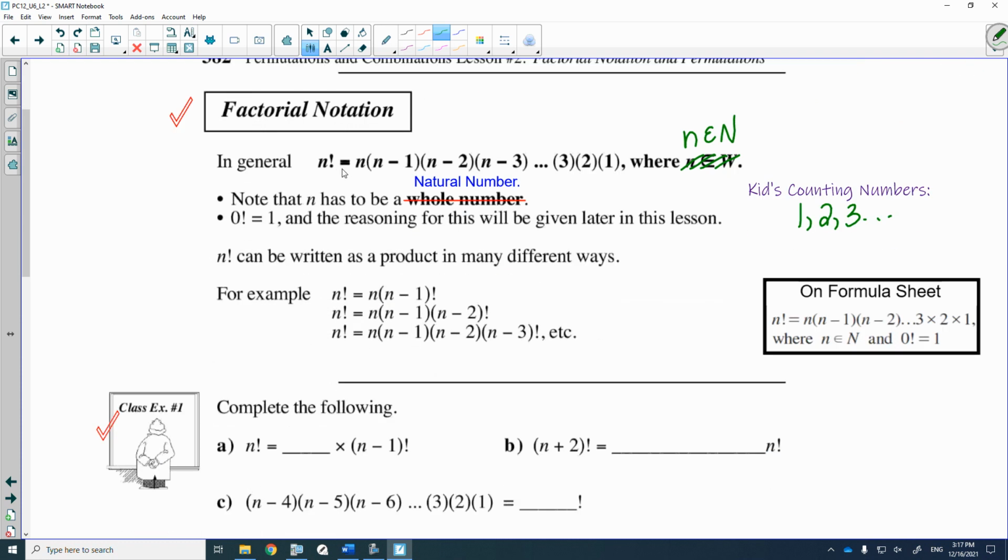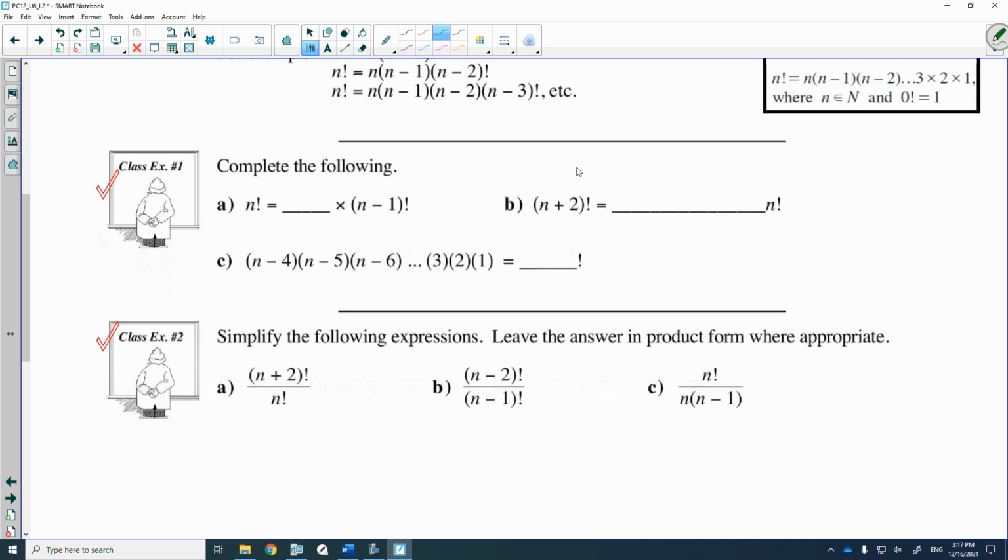So let's use this general form and look through this first class example. It says complete the following. How could I represent n factorial? Well, if I just said n factorial, that's going to be n, and then n minus 1, and then n minus 2, on and on until we get to 3 times 2 times 1.